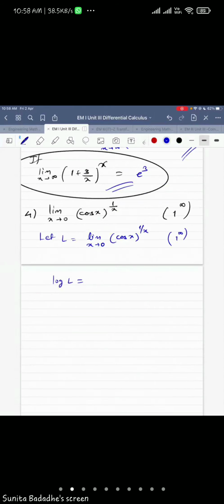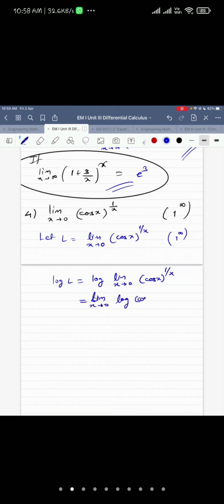This is 1 raised to infinity form. Take log on both sides. So this will be log of the limit as x tends to 0 of (cos x) raised to 1 by x. But as you know, you can interchange log and limit. So this is log of (cos x) raised to 1 by x, which is 1 by x log of cos x, right?